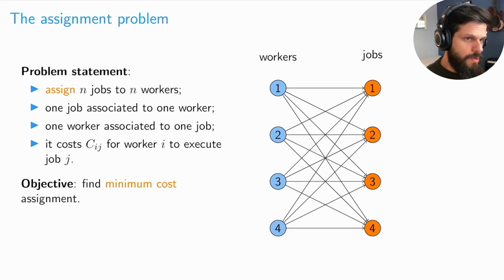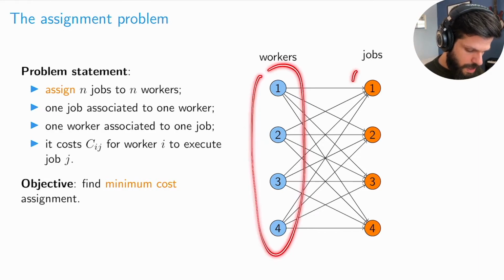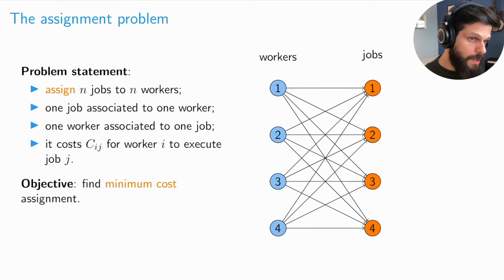The main setting of the problem is that you have a collection of workers and a collection of jobs, and you presume that the number of workers and the number of jobs are the same. What we're trying to do is to make an association between a worker and a job, and whenever I associate a worker to a job, I have a cost Cij, which is represented here.